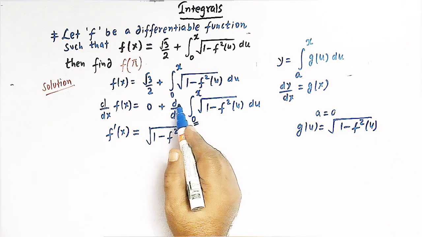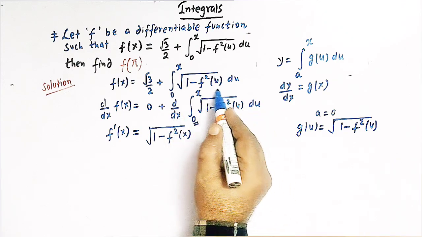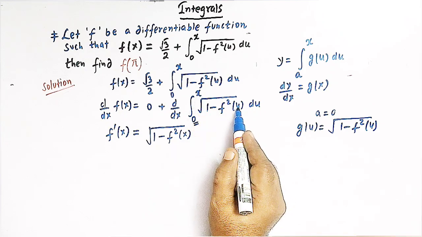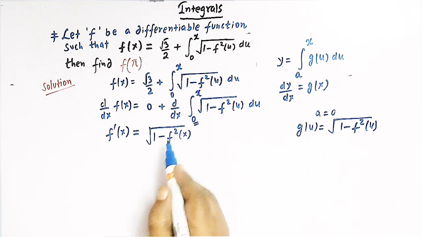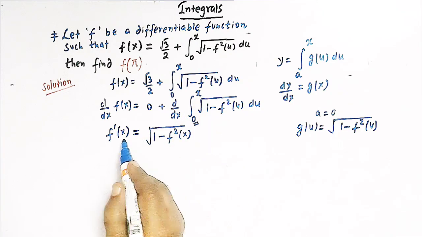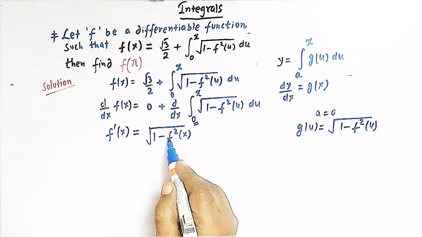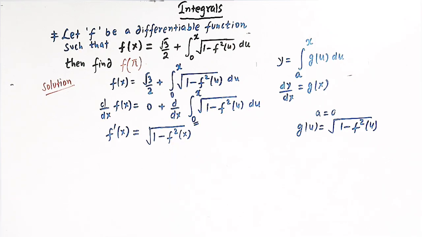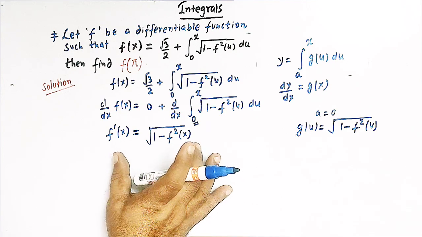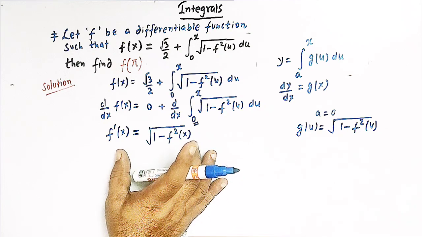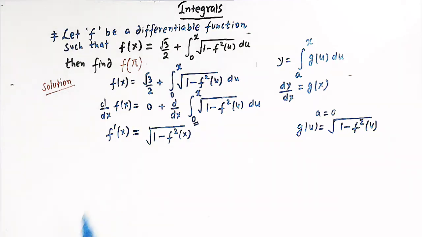So when we find the derivative of this integral with respect to x, we simply replace this u by x. So we have now f prime of x is equal to square root of 1 minus square of the function f of x. And now this is a differential equation of first order and first degree. So now we have to solve this differential equation to get the value of f of x.